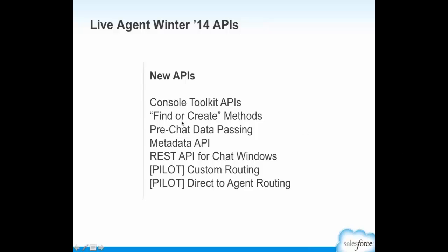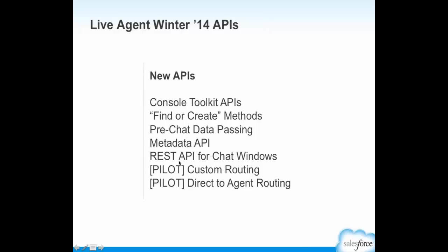We've also delivered some new pre-chat APIs that let you automatically find and or create contacts and or cases during the chat initiation process without using Apex code. So very exciting for our customers who've had to do a little bit of coding to get around that. To date, we've also increased our metadata API support.